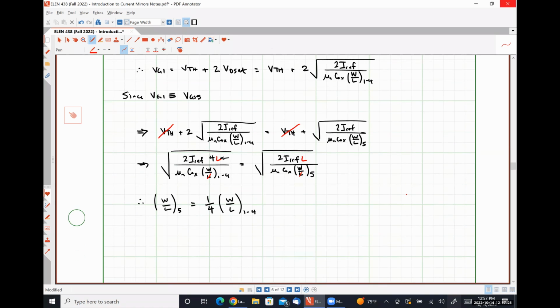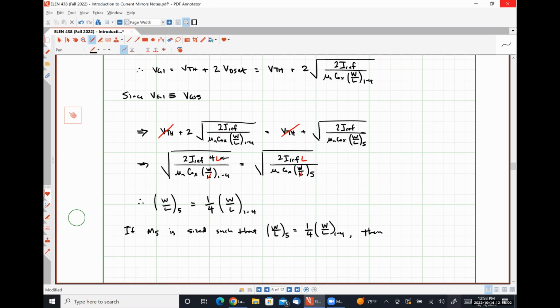So under this constraint, W over L5 is equal to 1/4 W over L of 1 through 4.